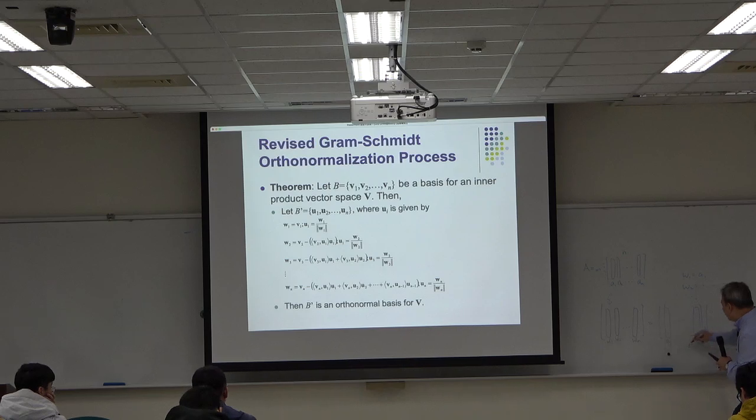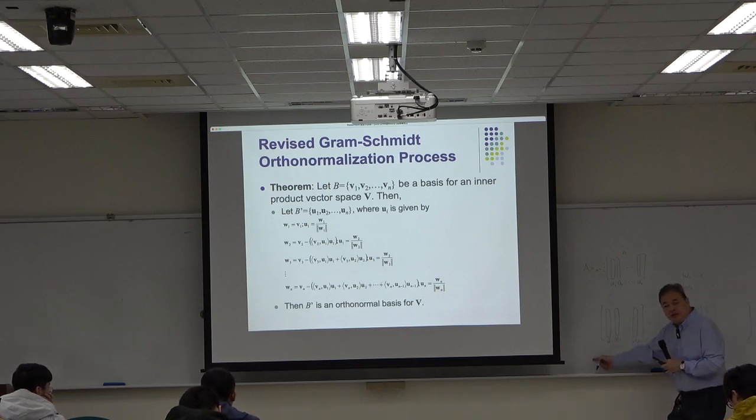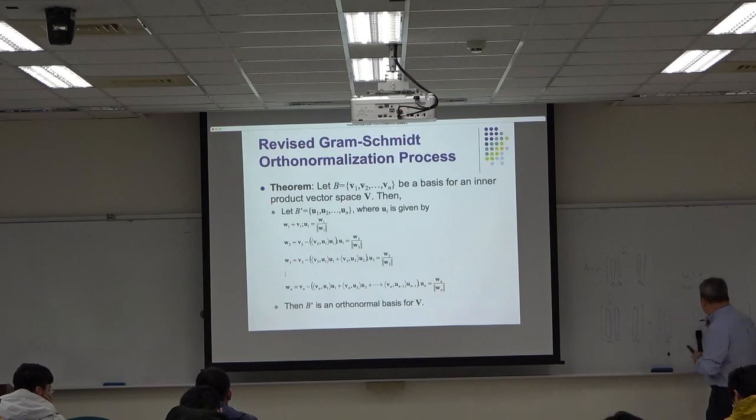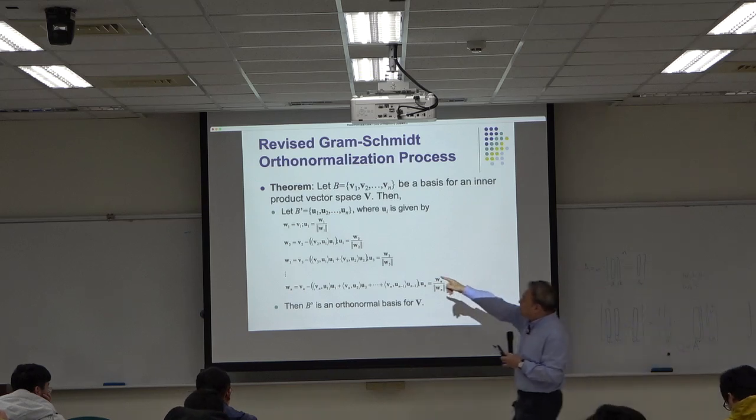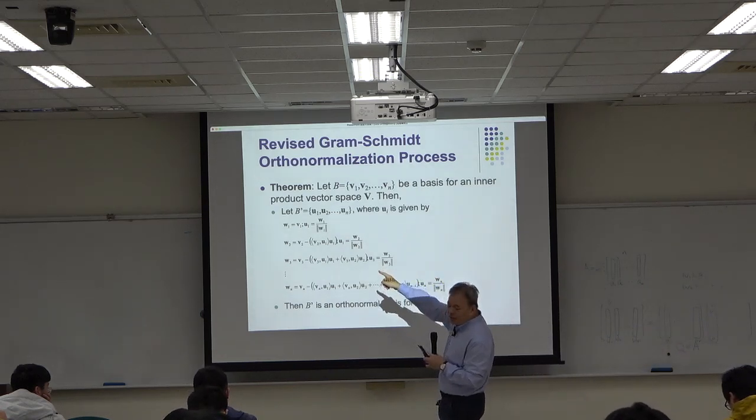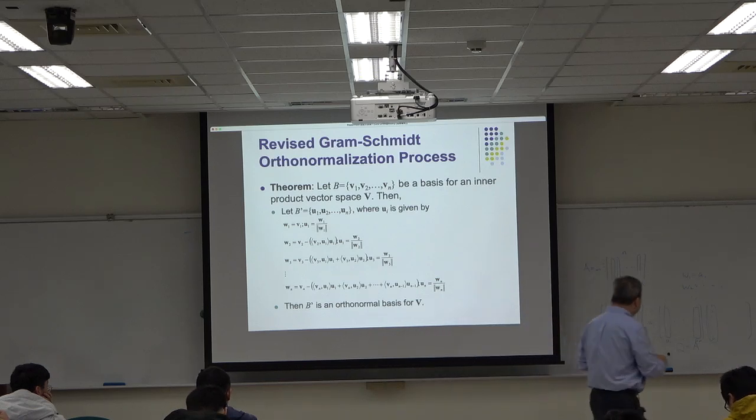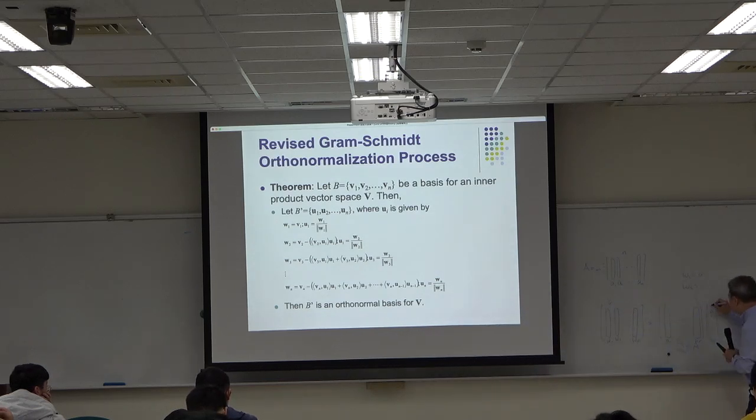So this one multiplied by this one, you get this one, where each of these indicates the coefficient you have for these column vectors. Because the first one, W1 equals V1, you have a 1 here. All the others will be 0.